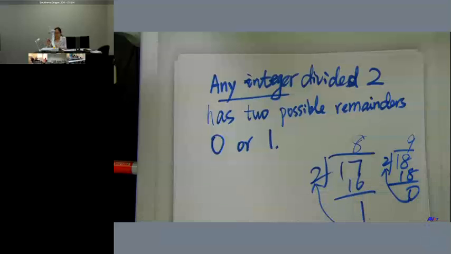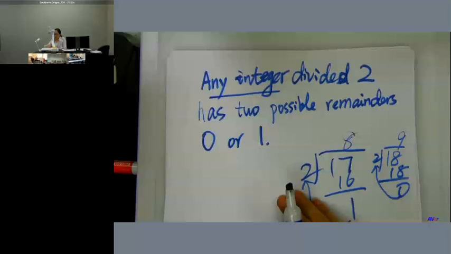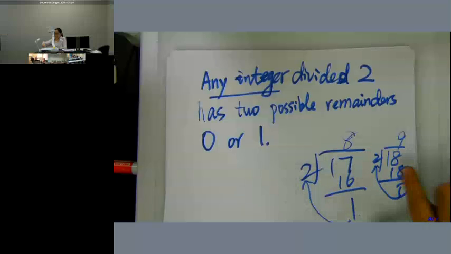Okay. So think about those numbers. If I tell you I have an integer divided by 2 has a remainder 0, what kind of integer is that? Even. It has to be even, right? It's exactly a multiple of 2. But if the remainder is 1, you know it's an odd integer. It is 2 times an integer plus 1.